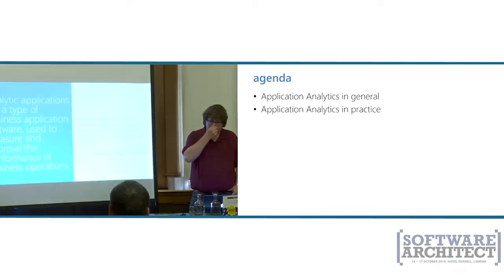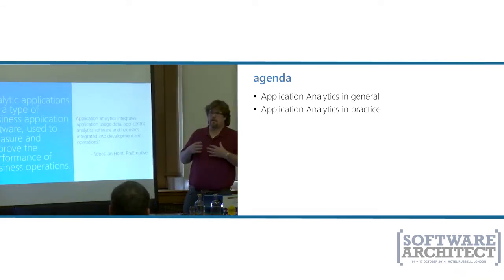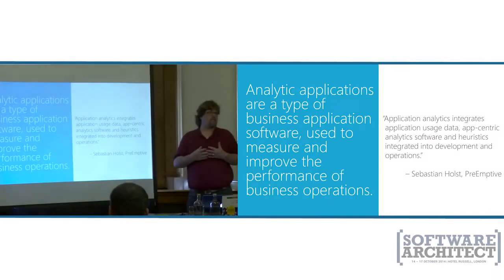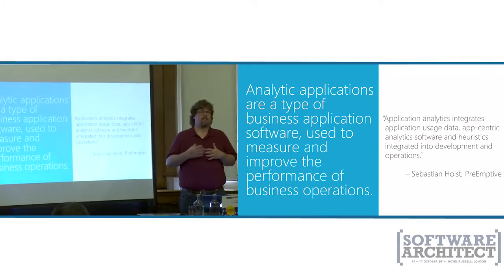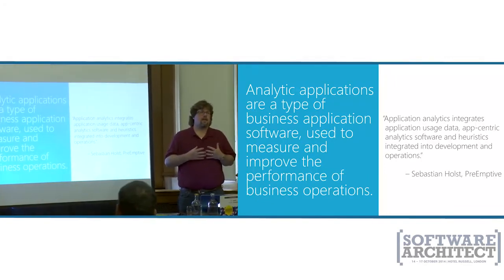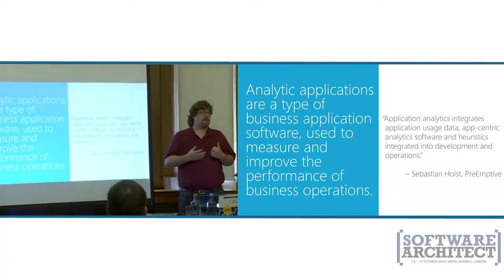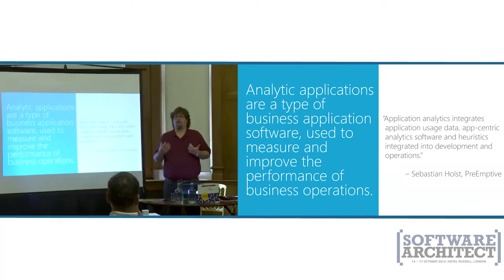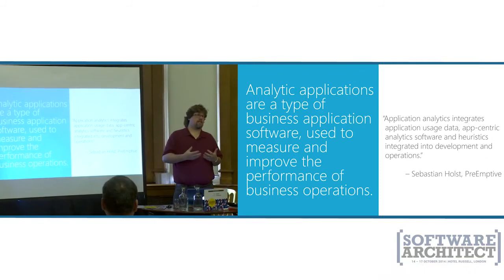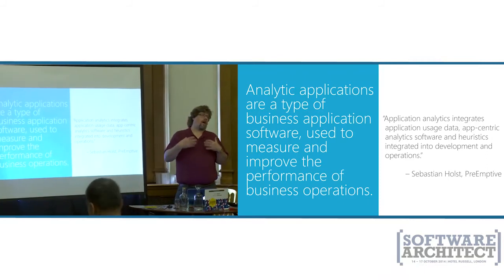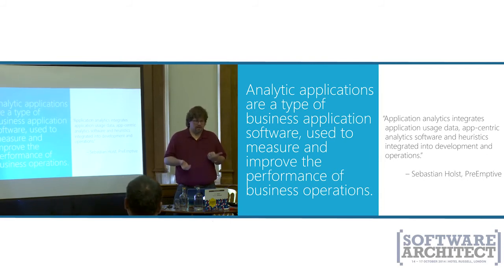So when we think about application analytics, right, it's a type of business application software if you think about it. At the end of the day, it's about gathering data and being able to analyze that data. The key is that this data often comes from a very technical aspect, and then it's coming from our application's behavior on top of a system. So it contains system information, not necessarily business metrics.